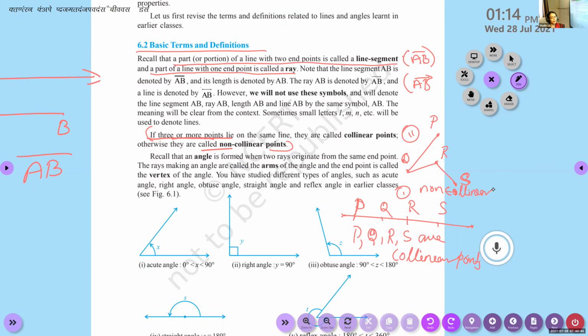Collinear points and non-collinear points.